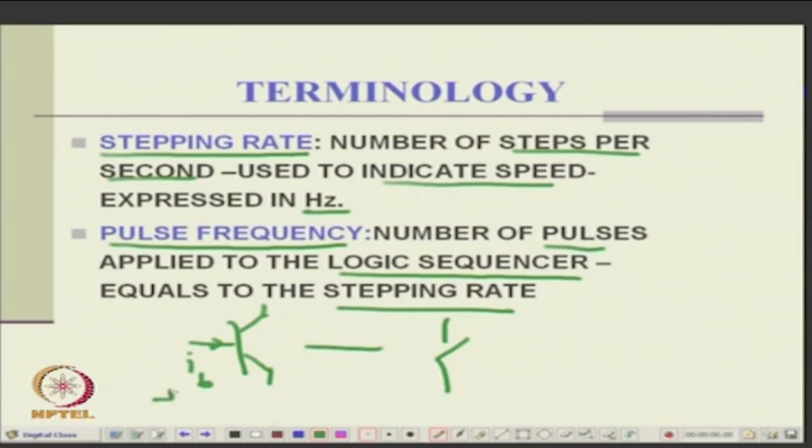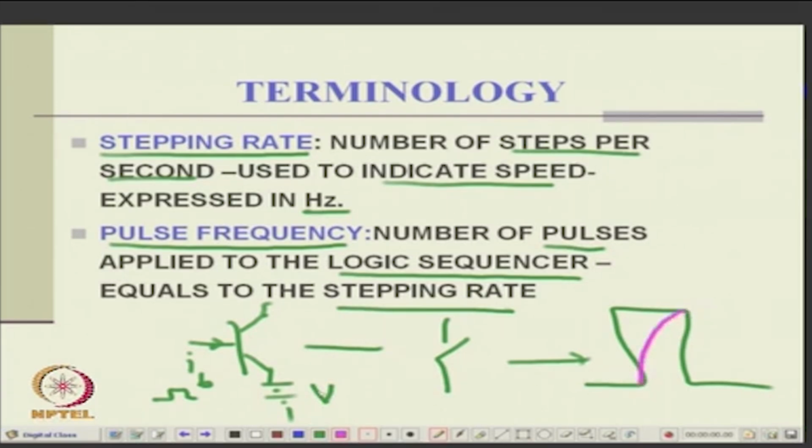So if you pass some pulse here, it goes into some circuit, and this leads to a pulse, that is this voltage. Of course, it does not mean that you get the same current. So current may just be something like this.